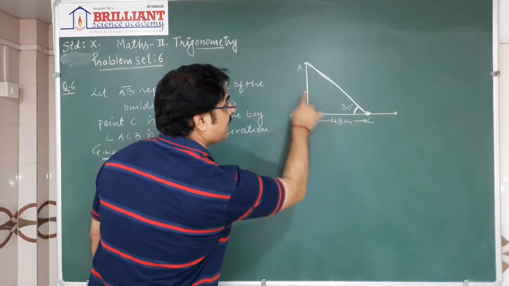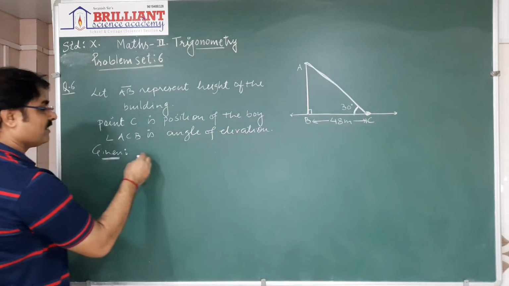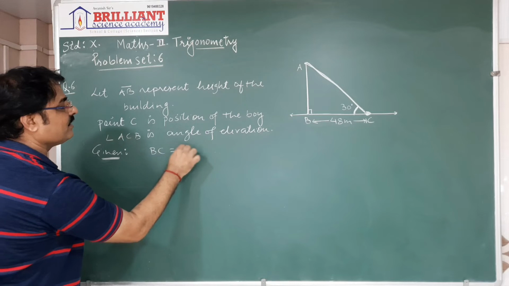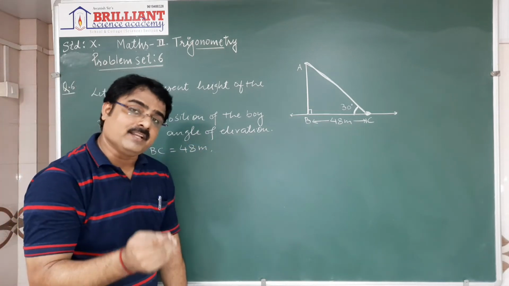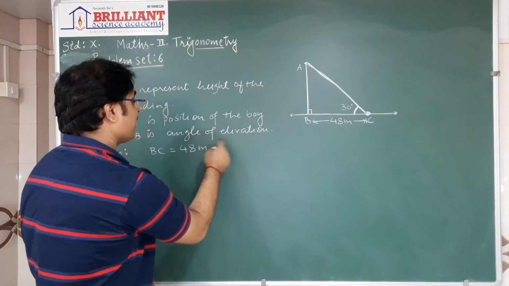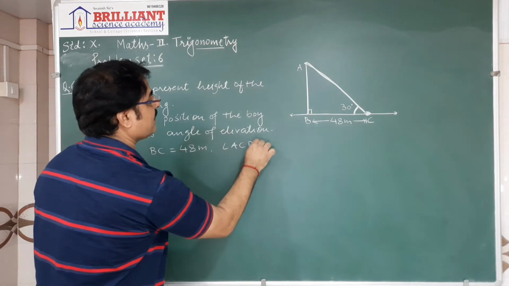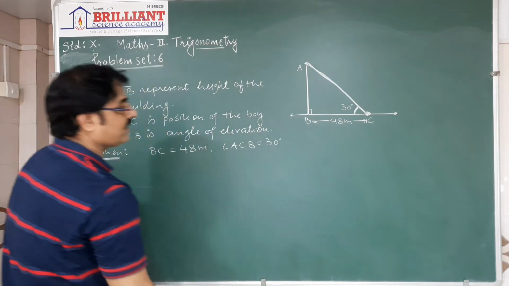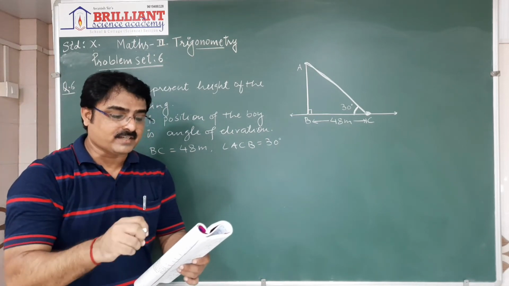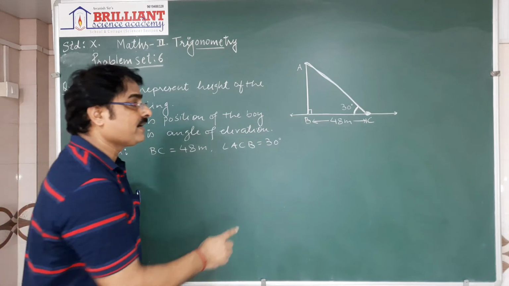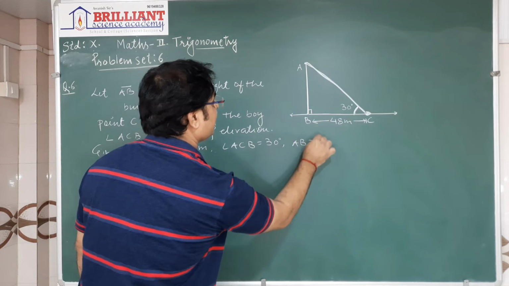So BC is given as 48 meters. And the angle of elevation is also given. Which angle is the angle of elevation? Angle ACB, which is given as 30 degrees. So angle ACB is 30 degrees. Now we have to find the height of the building. Which segment represents the height of the building? AB.